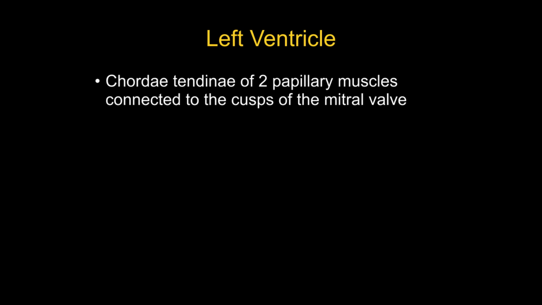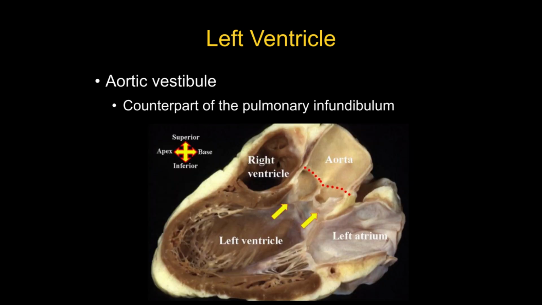Alright, so the counterpart of the conus arteriosus or infundibulum on the right side is the aortic vestibule, which leads to the aorta. Now the aorta has its own valve leaving the heart. So it has smooth fibrous walls here, which would lead to the ascending aorta.